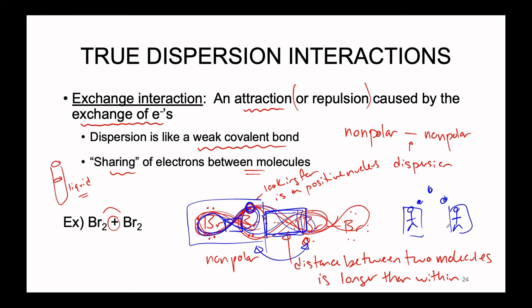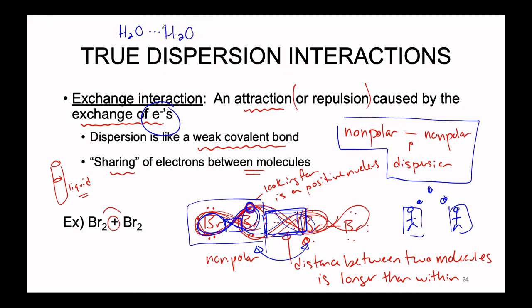Now, something else that's really cool about dispersion is that it doesn't only exist between two nonpolar molecules. Technically, if your molecules have electrons, dispersion is present. So, let's say, for example, we bring two water molecules together at shorter distance. We've already talked about how this interaction forms a dipole intermolecular force due to the polarity of the two molecules.